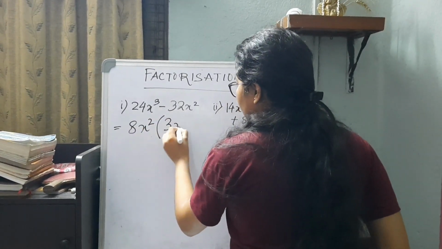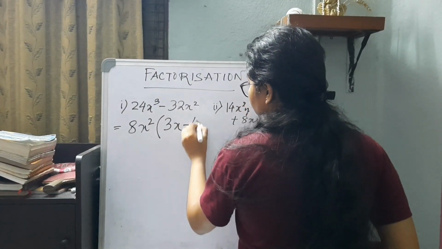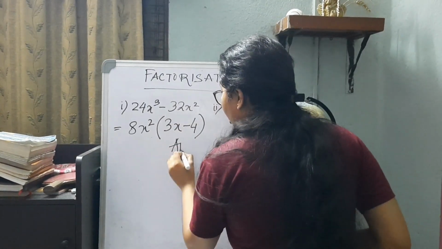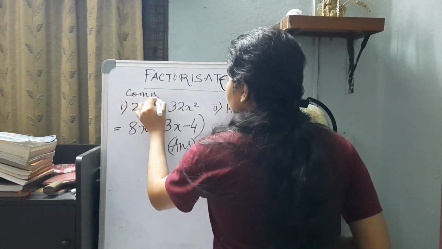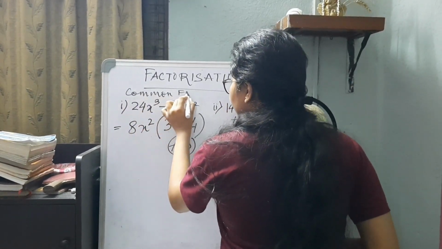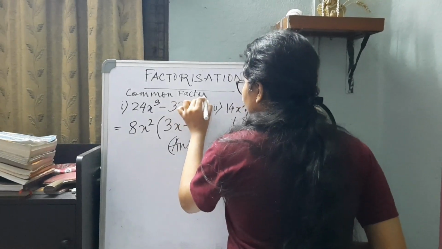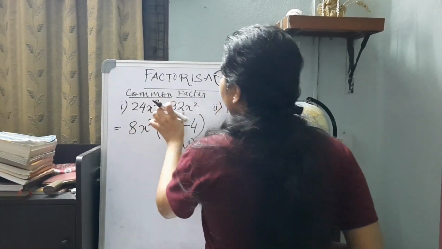This becomes 3x minus 4. So this is the basic common factor method for factorizing, where we take the HCF of the terms.